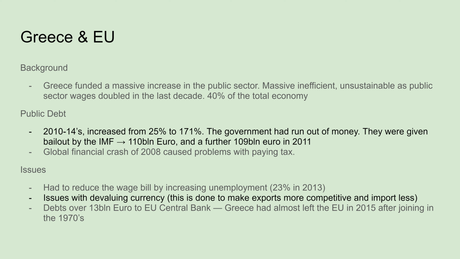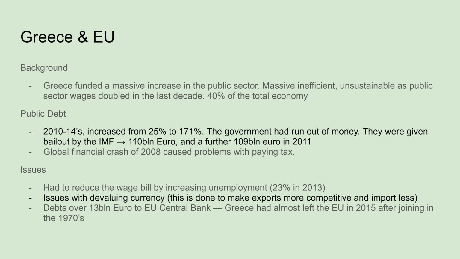Some issues that Greece had encountered is having to reduce the wage bills by increasing unemployment, which was 23% in 2013. There was some issues with devaluing currency, because when you're in the EU, you share the euro, except some countries, but mainly they operate with the euro.